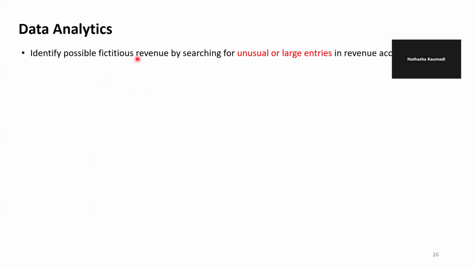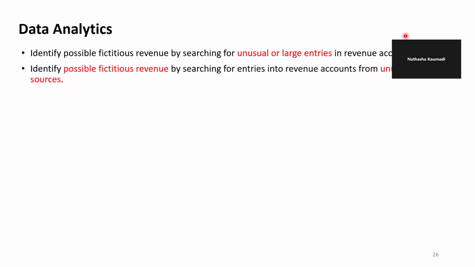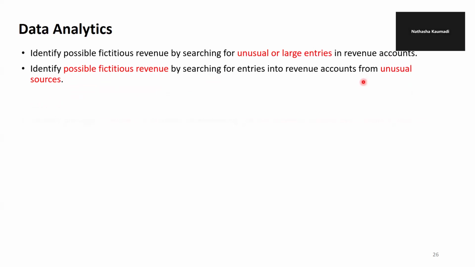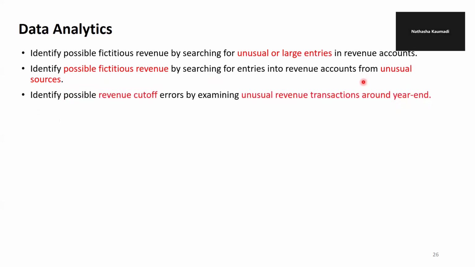Basically, to identify possible fictitious revenue by searching unusual large entries, and they can easily capture using AI. Identify possible fictitious revenue by searching for entries into revenue accounts from unusual sources. That also we can capture using data analytics.